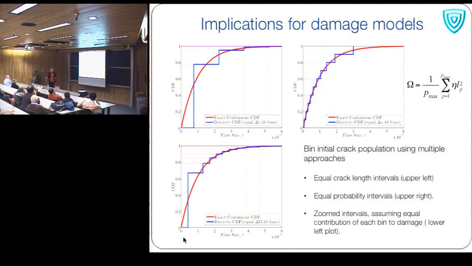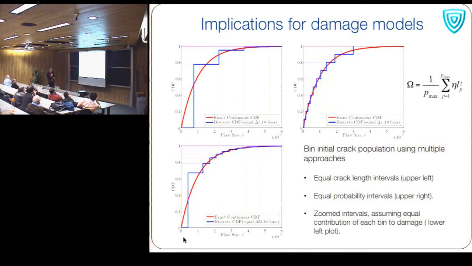Or you might say, you know what, I want each bin to have the same number of cracks on average. So you can do that too. That's what this one is. So see, the increment in probability is the same as I move up, but it's uneven, of course, in this direction. Or, if you wanted to, you could do something in between. And that's what we did here.